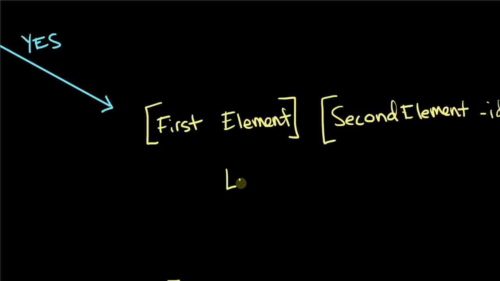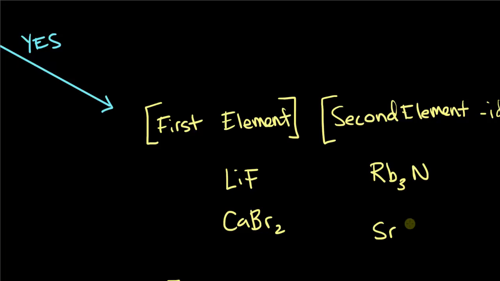Let's look at a couple of examples here. How about LiF, CaBr2, Rb3N, and SrO. LiF, well, we would just look at our periodic table. We'll see that's lithium fluoride.